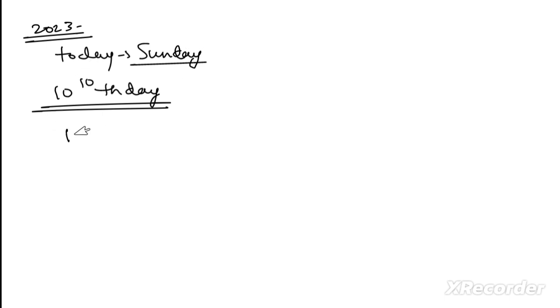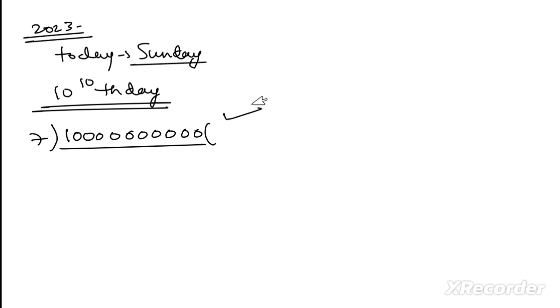Just write 10 ten times, 4, 5, 6, 7, 8, 9, 10. This is not a bigger value. Just divide by 7, whatever extra days we get, based on that you can say which day it is. Easier one, try yourself first.